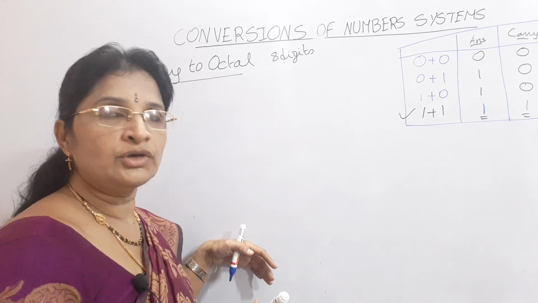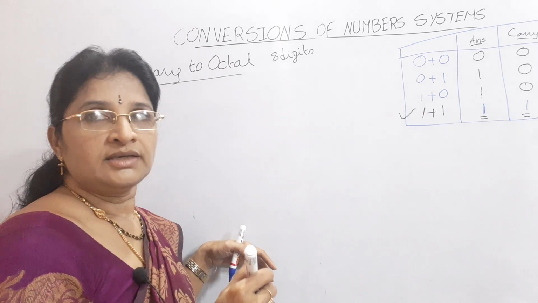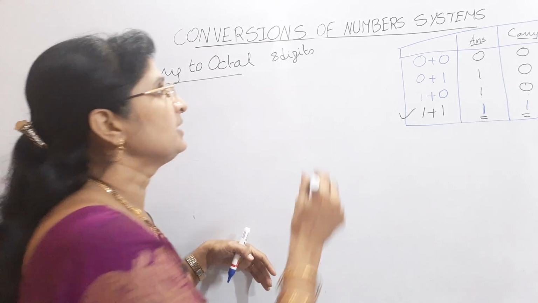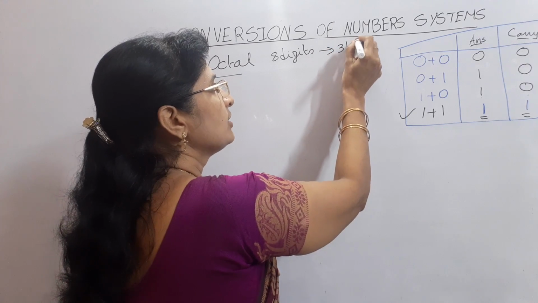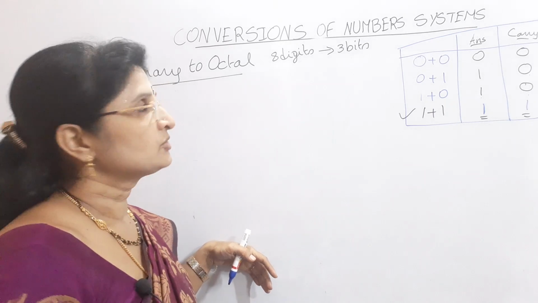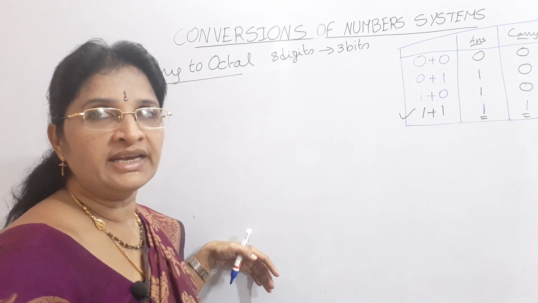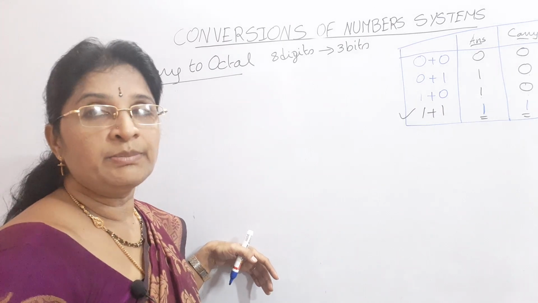So in order to represent 8 digits, 2 power 3 is enough. That is, 3 bits are required to represent 8 digits.